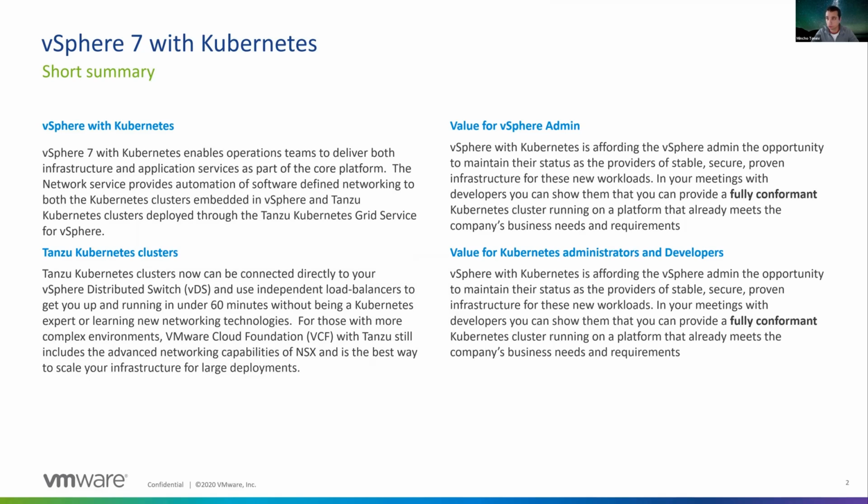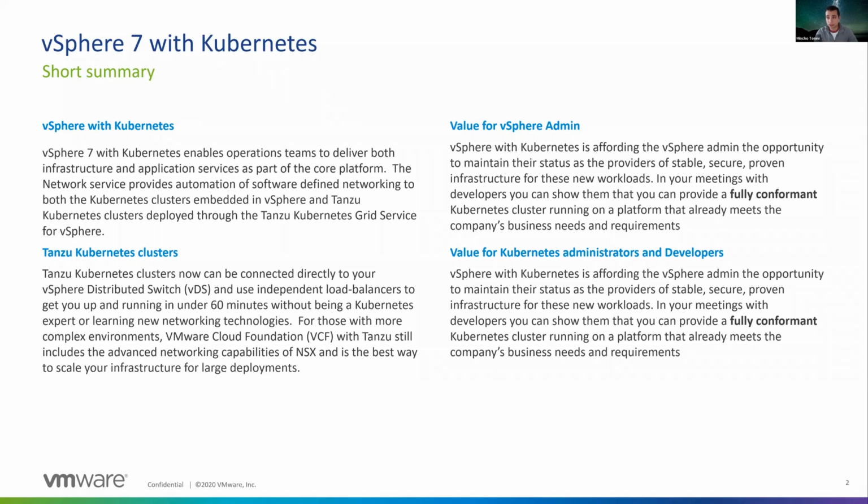With the 7.0 GA release, we introduced vSphere with Kubernetes, which enables vSphere admins to deploy Kubernetes on vSphere clusters. This is crucial because we are now moving the deployment and the whole management responsibility from the development team to the vSphere administrators.